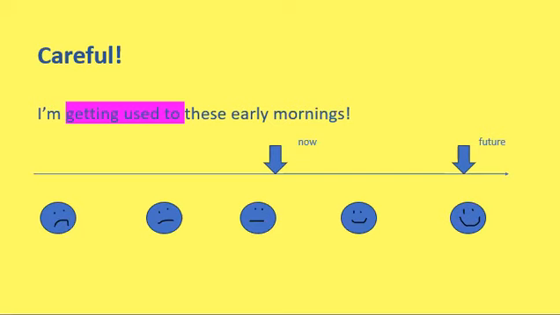Now I've been getting up at 5 a.m. for a little while, so I'm happier. And in the future, I will be even happier still. So I am getting used to these early mornings. That means I am now becoming happy or comfortable with a situation that was difficult at first.